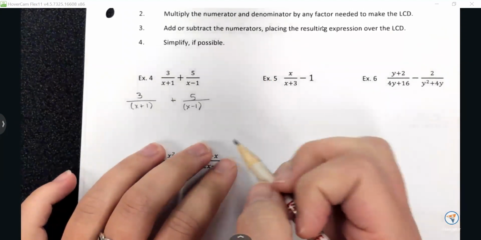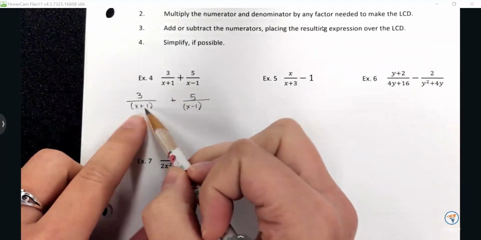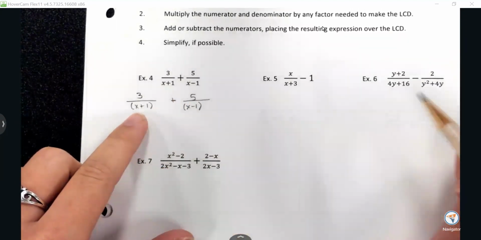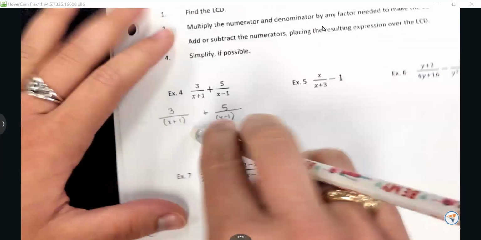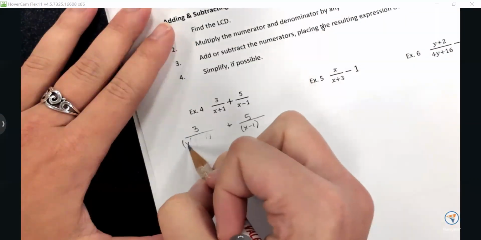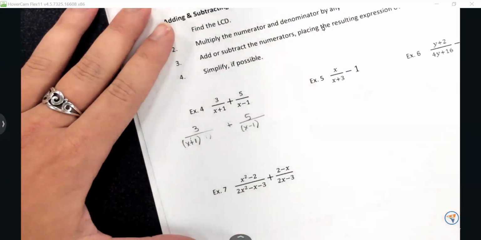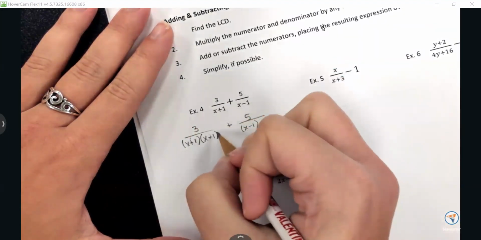No, so I have to make them the same. My left side has an x plus 1, but what does it not have? An x minus 1. So I'm going to have to add that to my denominator on the left side. So this one started with an x plus 1, and it also has to have an x minus 1.